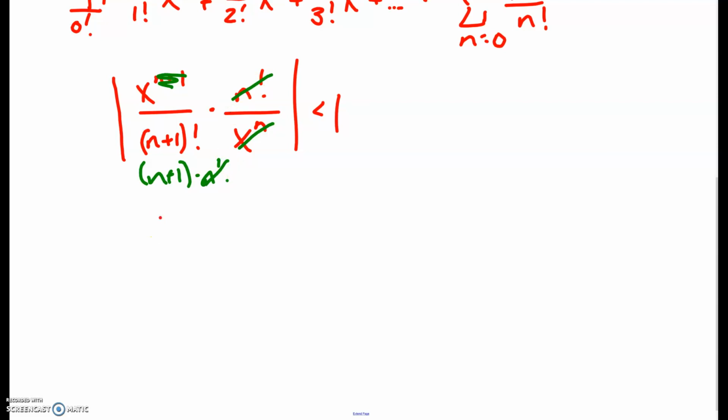So I have the absolute value of x over n plus 1 has to be less than 1. And I forgot, this is the limit as n approaches infinity.